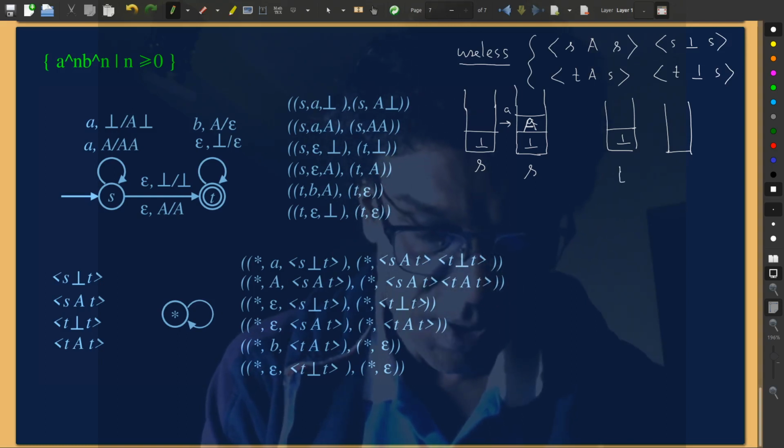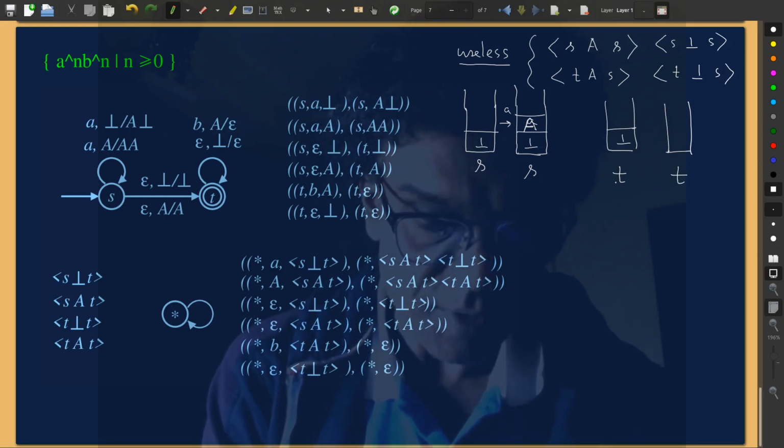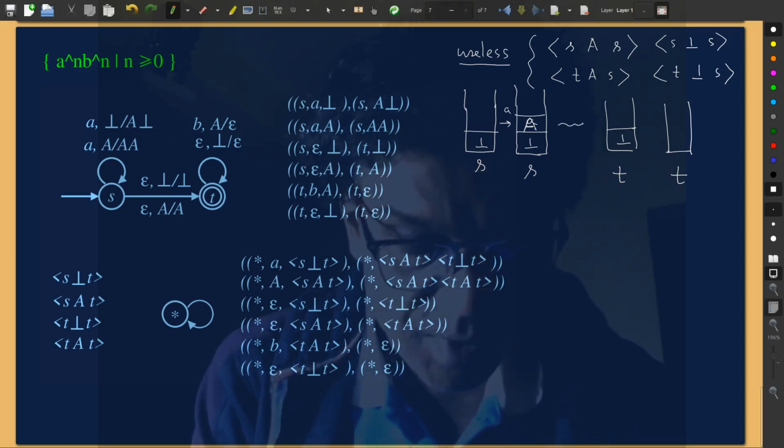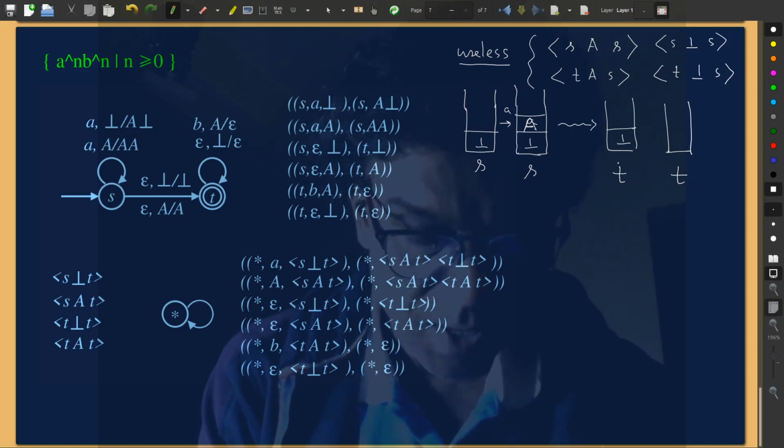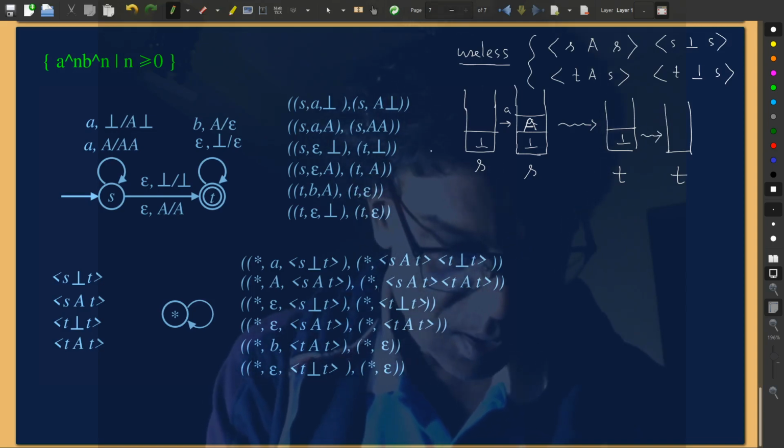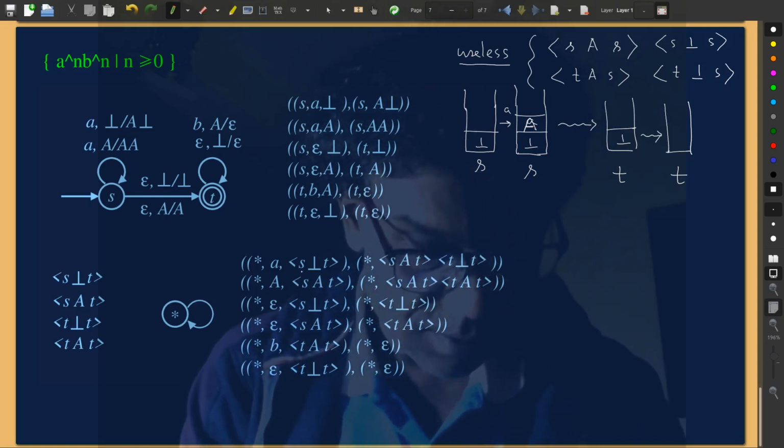So it has to be T. In an actual construction, you actually add for both non-deterministic choices S and T. But here we can see that if we have S here, this is a bad thing. You read something here and eventually get rid of this A. But at that point of time, you cannot be in state S. It has to be in state T. Eventually, you also get rid of this.